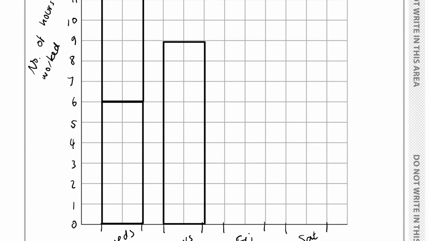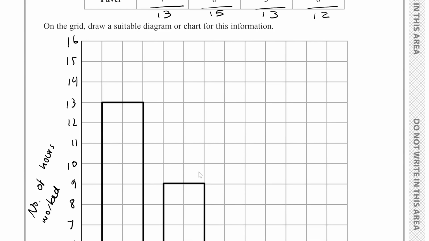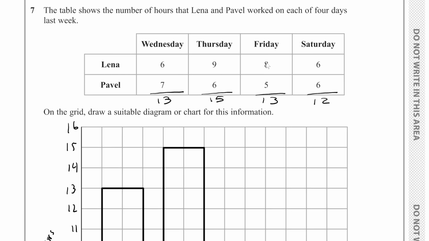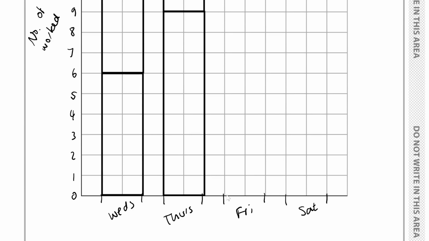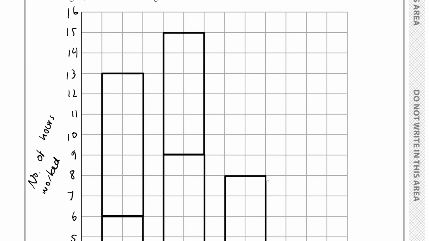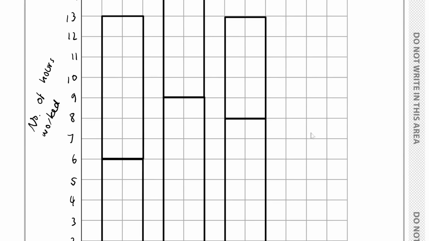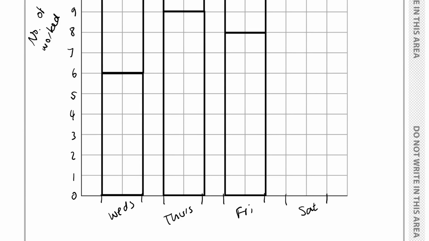So 9 up to 15. 8 and 5 to make 13. And 6 and 6 to make 12.